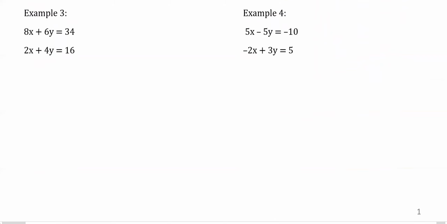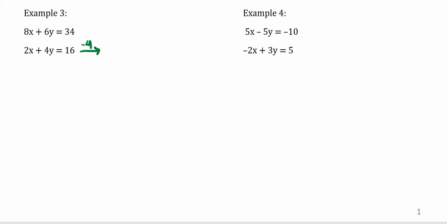Number 3. They are both written in standard form. However, we do not have opposite coefficients. So I'm going to multiply the second equation by -4 because that will give me a -8x.